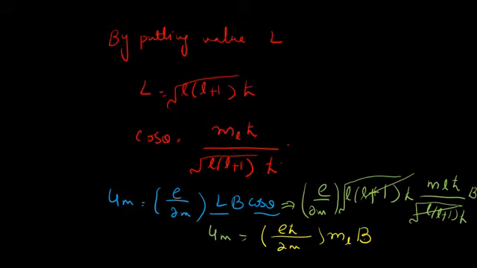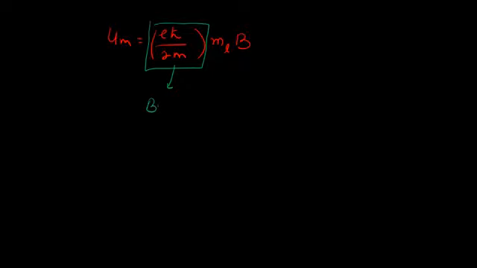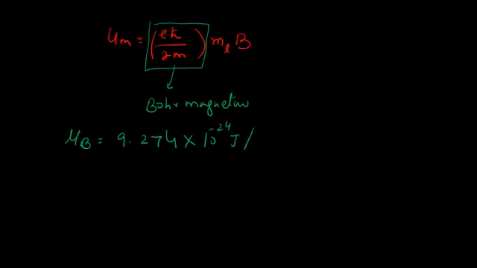Now we have this quantity. Here I can rewrite the equation for potential energy as E h cut by 2m into ML B. The quantity E h cut by 2m is called the Bohr magneton, which can be represented by mu B. Its value is 9.274 into 10 to the power minus 24 joule per Tesla, or it can be equal to 5.788 into 10 to the power minus 5 electron volt.